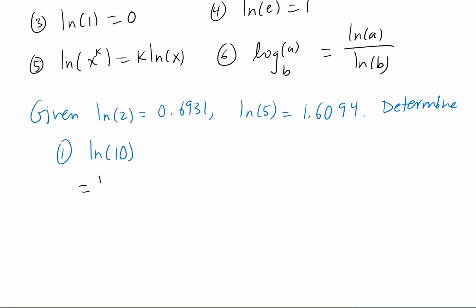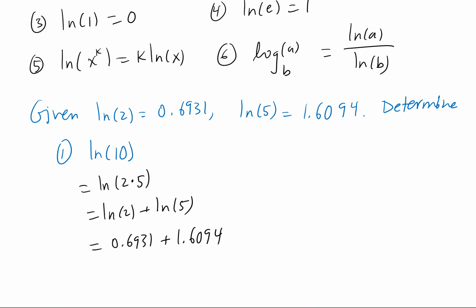So natural log of 10 is natural log of 2 times 5, natural log of 2 plus natural log of 5. Natural log of 2 is 0.6931 and natural log of 5 is 1.6094. And what we can do here is add them up, which gives us 2.3025.